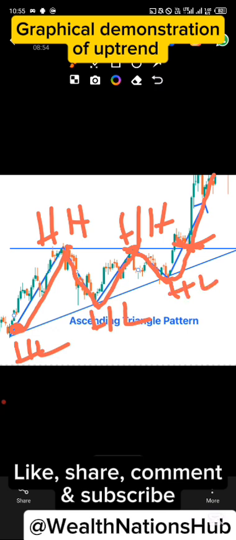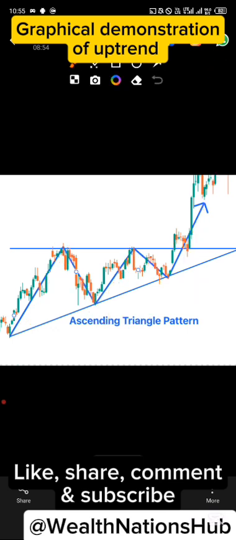Now one thing I would like you to check from this graph is that the two lines compress until they meet at a point here. Now what is that supposed to mean? There is what we call the first higher high, that is higher high 1 and higher high 2.